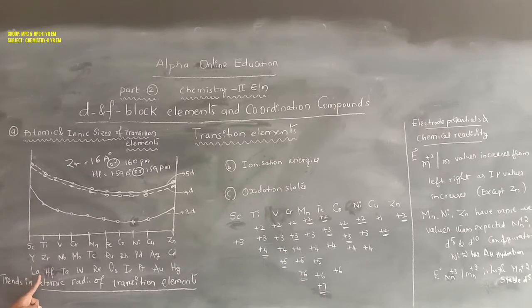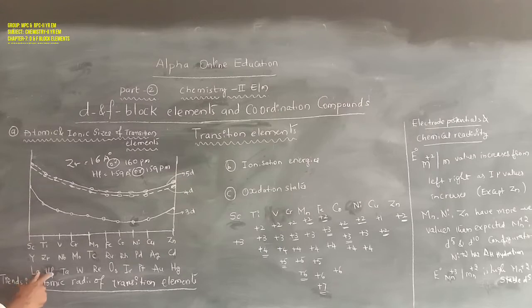After lanthanum, the 58th electron does not enter the n-1 d orbitals. That electron enters the 4f orbitals. After total completion of the 4f orbitals, the 72nd electron enters the n-1 d orbital, that is hafnium.